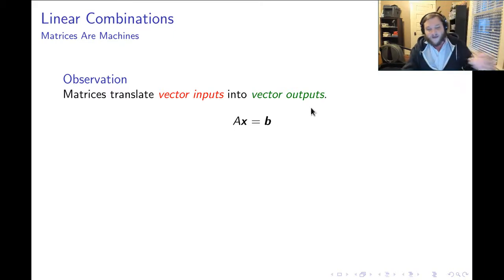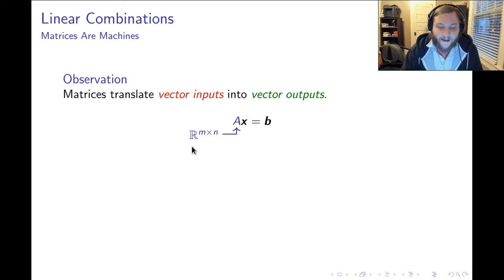And all of that is summarized in one elegant equation. A times a vector x equals a vector b. This is an equation that's going to pop up again and again throughout the course. So when we write A times a vector x equals vector b, what are we actually using here? Well, A needs to be a matrix with m rows and n columns.